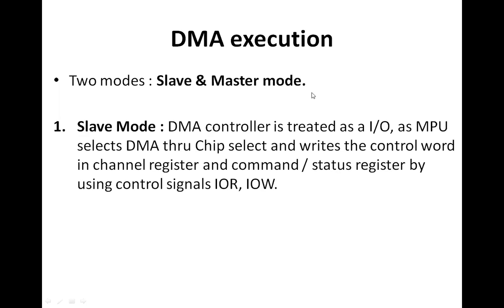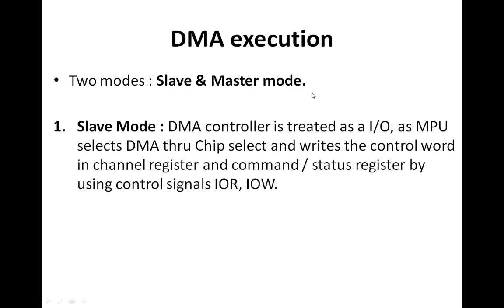There are many registers, and these control words are written into these registers by using the control signals input output read or input output write. In this mode, the output signals such as A4 to A7 as well as the memory read and memory write signals are in the tri-state.